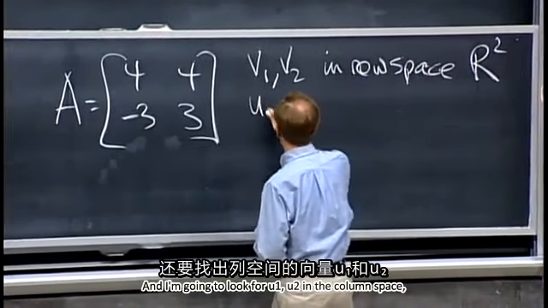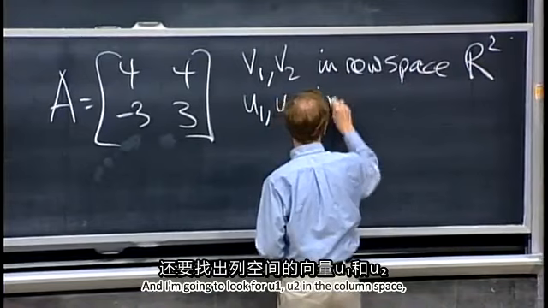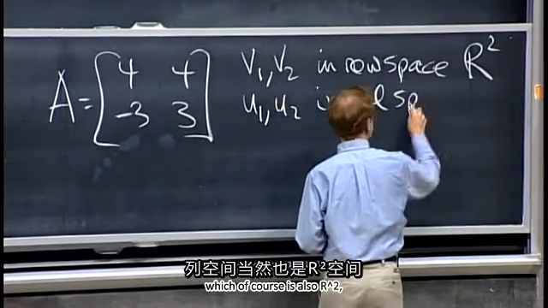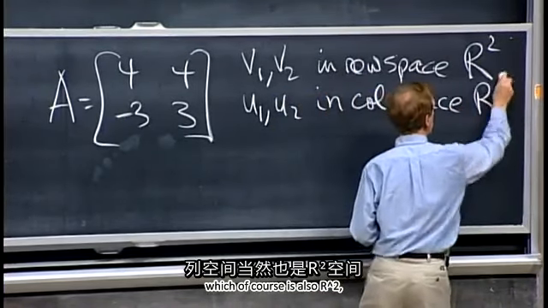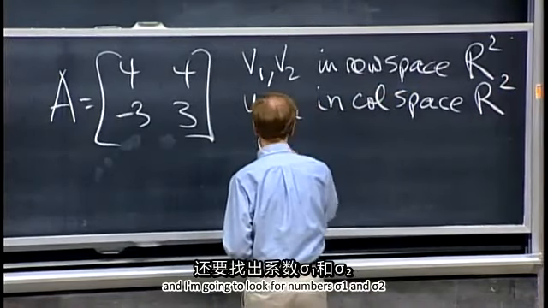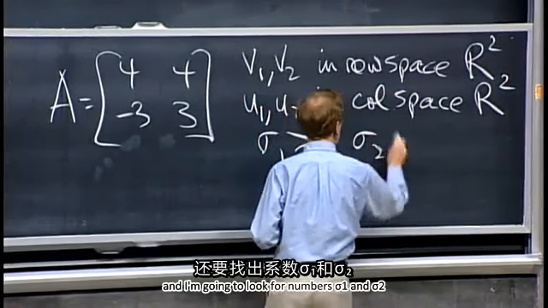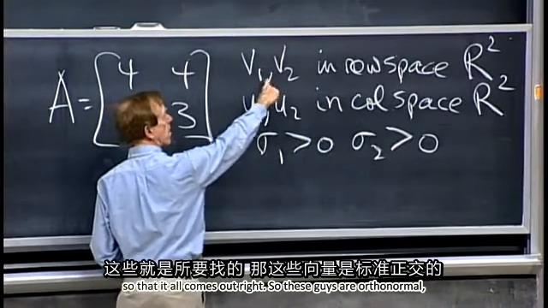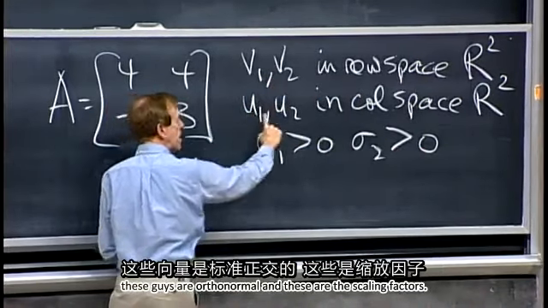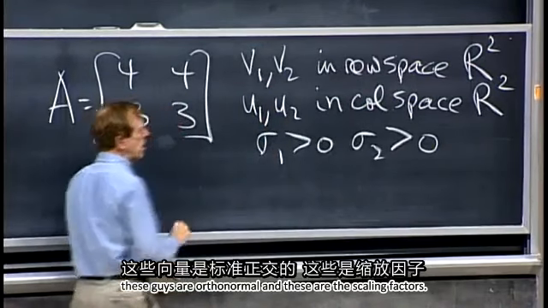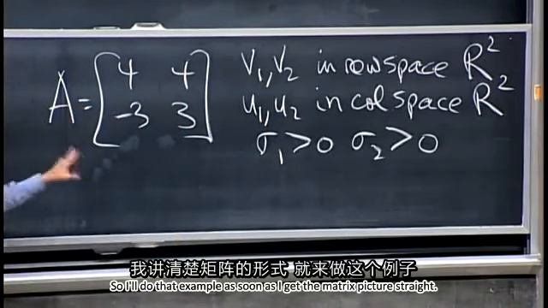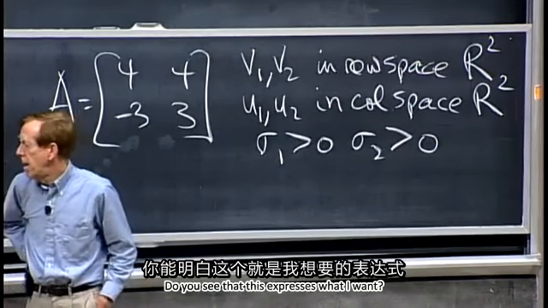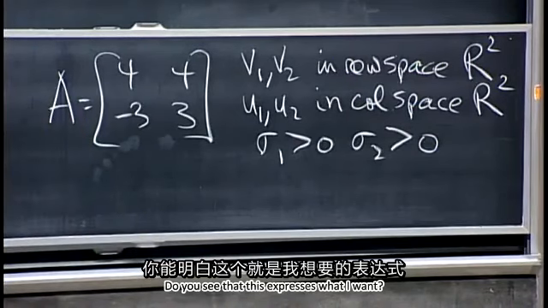And I'm going to look for U1, U2 in the column space, which of course is also R2. And I'm going to look for numbers sigma 1 and sigma 2 so that it all comes out right. So these guys are orthonormal, these guys are orthonormal, and these are the scaling factors. So I'll do that example as soon as I get the matrix picture straight. Do you see that this expresses what I want?